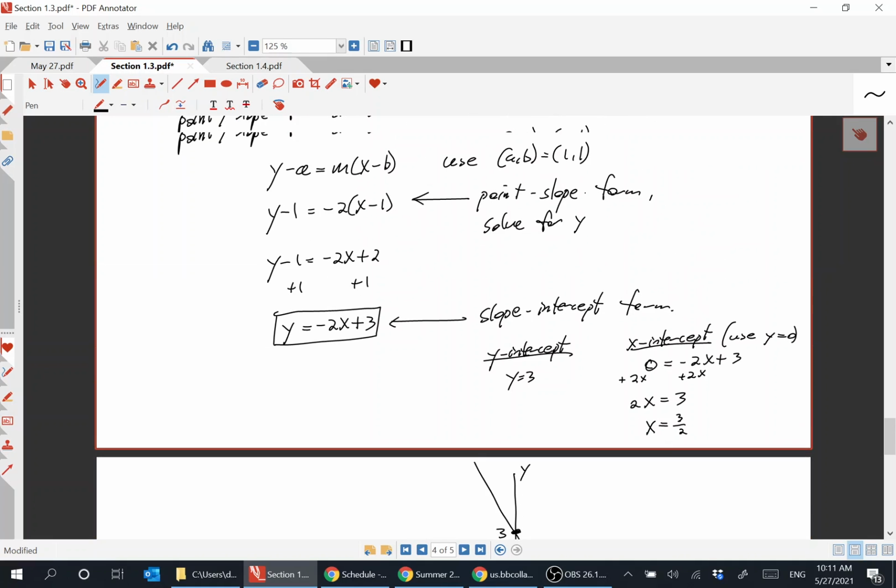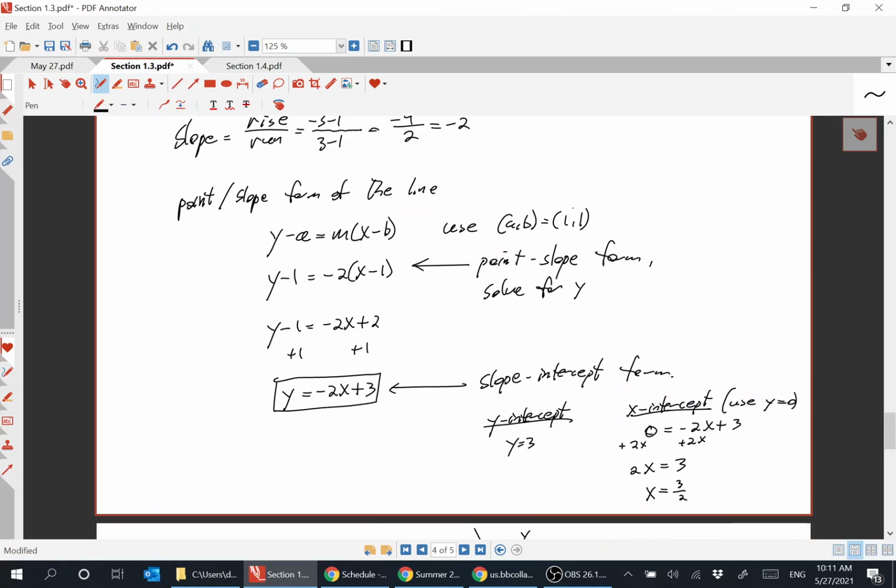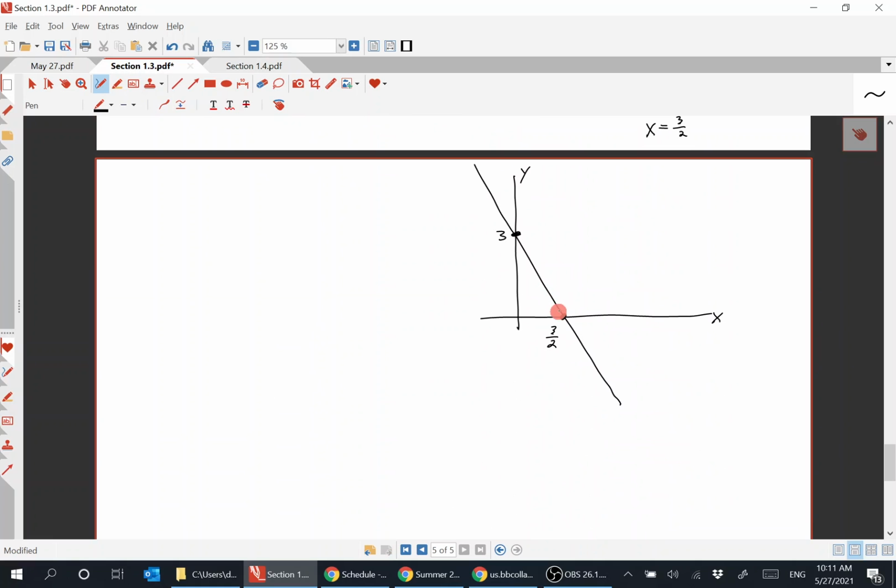Okay, and then of course we knew a few other points on the line. What were they? We knew the point (1, 1) is on there. And what was the other point? (3, -3). Right, so we also knew that (1, 1) was there, so that's about here, I guess. And (3, -3), well, that's going to be like over here. So now we've got these 4 points on the line. X-intercept, y-intercept, and those other 2 points.